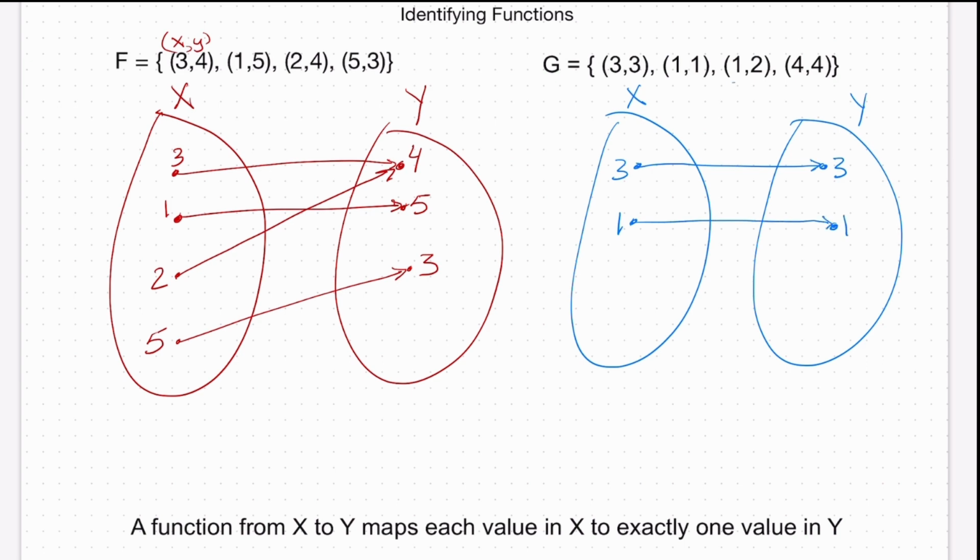Then we also have 1 mapping to 2. And we have 4 mapping to 4. So here we see that the value 1 in x maps to two different values. So that means this is not a function. So we have that the first function f is a function, and g is not.